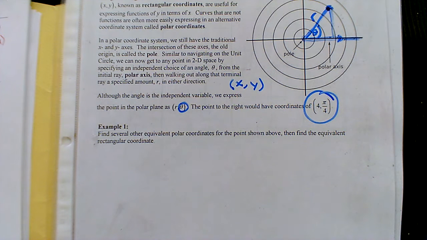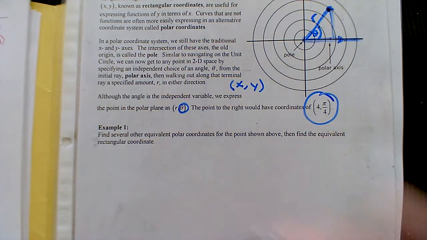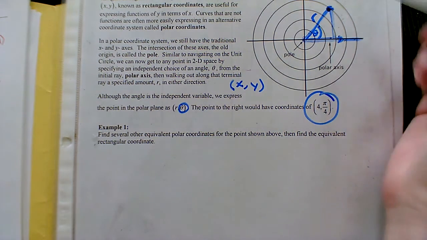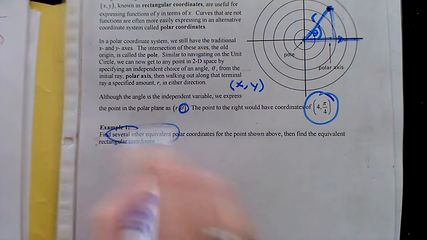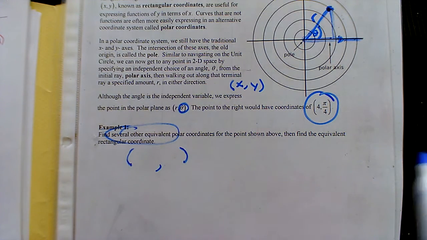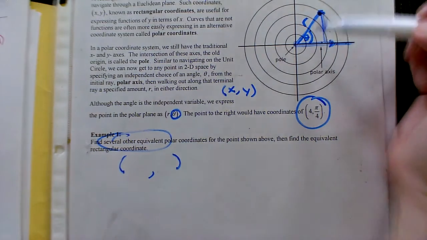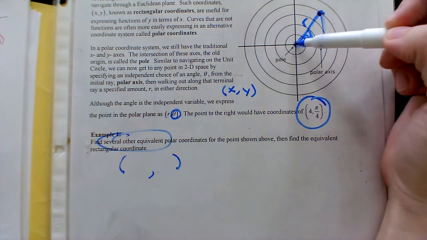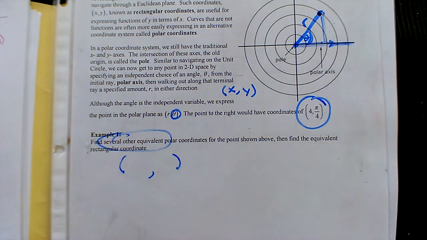Wouldn't I have to walk backwards to get over there? So we could have more than one ordered pair that can get us to the same spot. And we're going to try to figure out what some of those other equivalent polar coordinates are. So instead of rotating pi over 4 and then walking out 4, can we think of another angle perhaps and another radius?